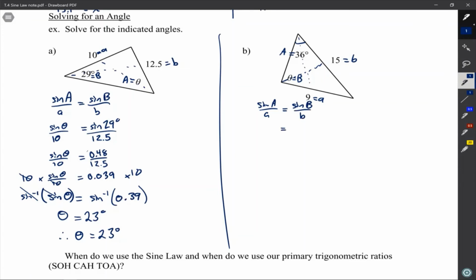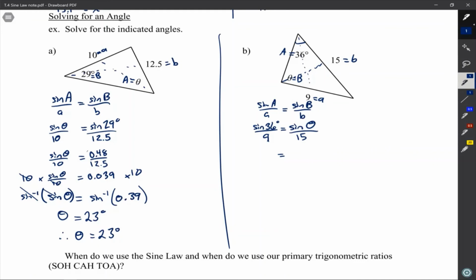And then we can substitute in our known values. So the sine of A is the sine of 36 degrees. Side length A is 9. And sine B is sine theta, divided by side length B, which is 15. So as we did before, we're going to calculate the sine of 36 degrees.